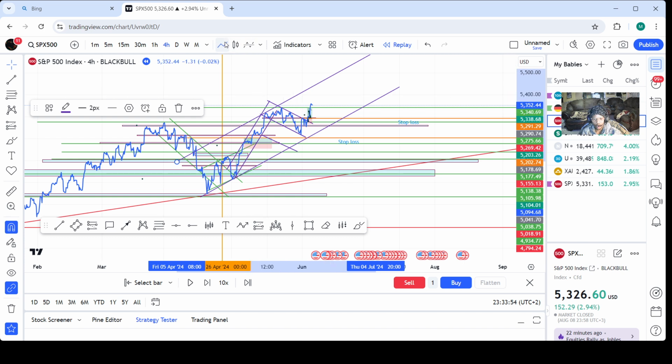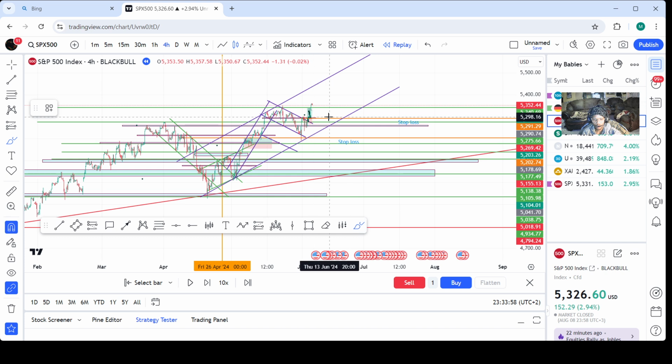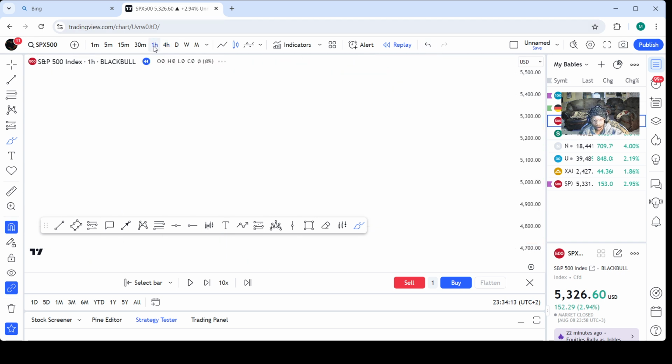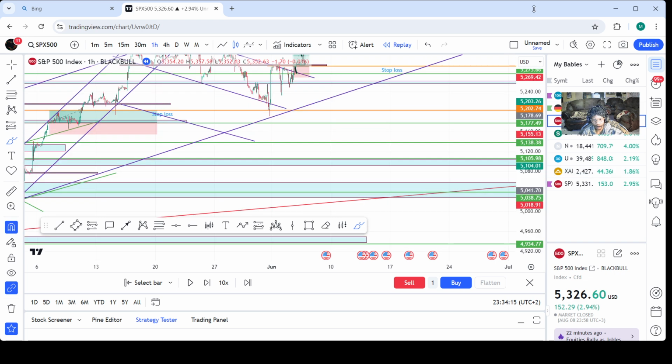So the market right now, you can literally push until the end of this trend, right? But we don't have anything indicating that the market has been here before, so you're just gonna wait and see what the market does. So you're gonna move into a smaller time frame.